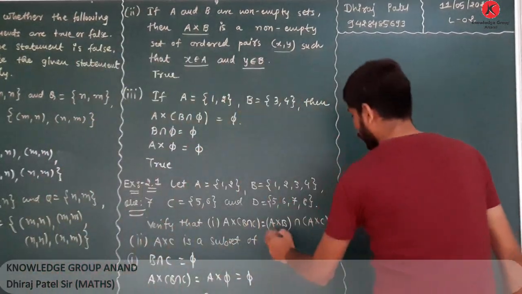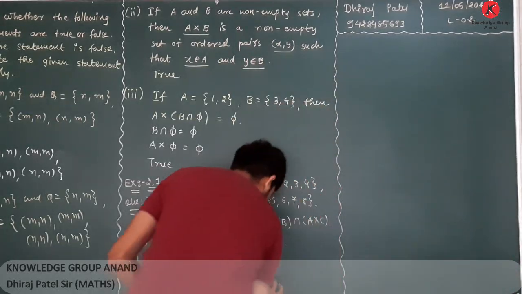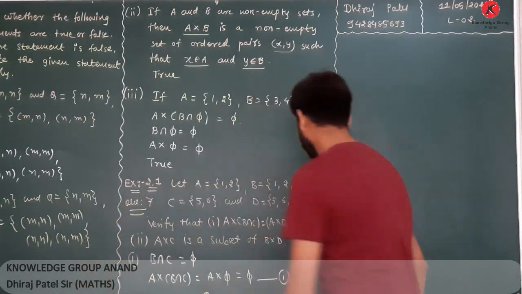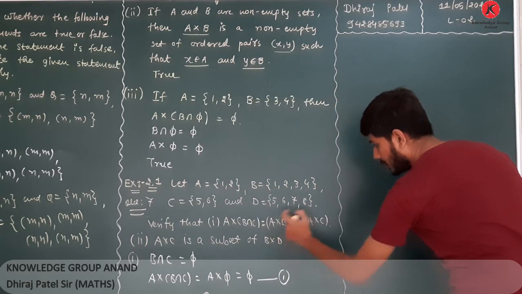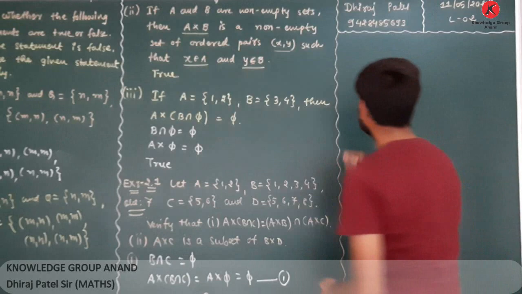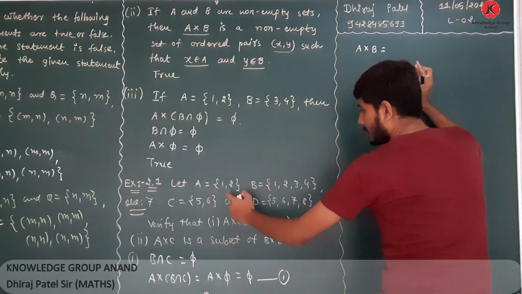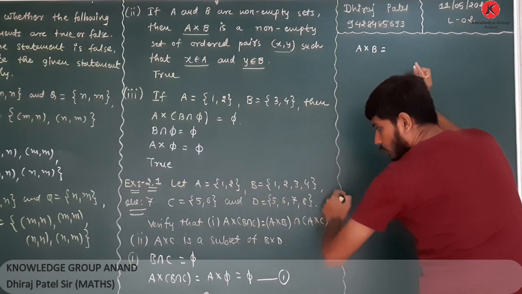Now find the right hand side. This is our left hand side, result number 1. For the right hand side we have to find A cross B as well as A cross C and then the intersection. So see here, what is A cross B? Set A is 1, 2, set B is 1, 2, 3, 4.